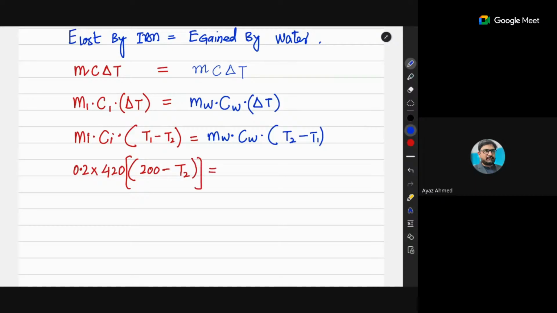Now it equals the mass of the water, which was 250 grams, so it is 0.25 kg. Its specific heat capacity is 4200. The final temperature of the water is unknown. The initial temperature was 23 degrees centigrade. Now, please help me calculate all this.